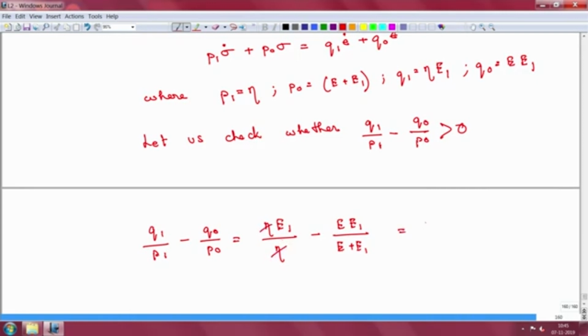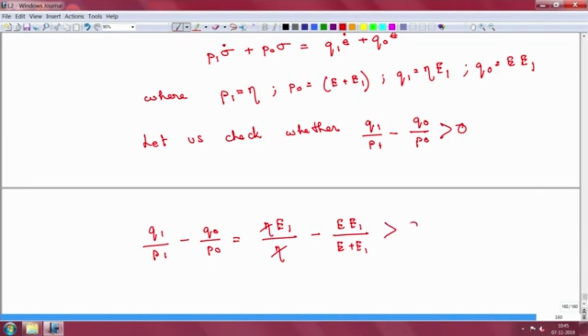So, this is equal to E1 times 1 minus E by E plus E1. So, this quantity is now E1 minus E1 multiplied by a fraction, and this fraction is less than 1, because if you look at the functional form of the numerator and denominator, it is less than 1.